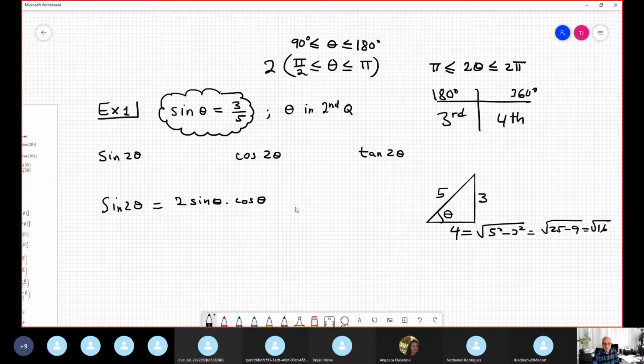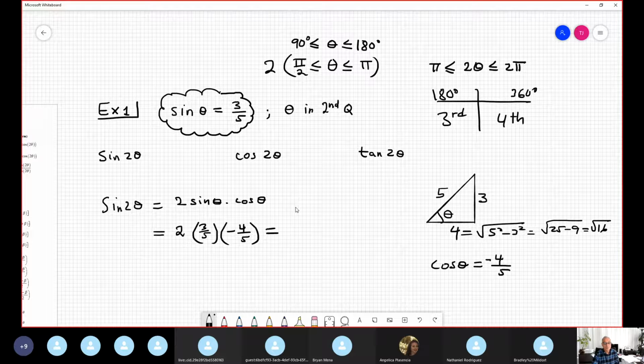So now the answer is 2 as a factor, sine is 3/5 because it's given, multiplied by cosine, that cosine theta is 4/5 because it's adjacent over hypotenuse. But I know that theta lies in the second quadrant, therefore the cosine is negative. You respect the sign, you have no problem.